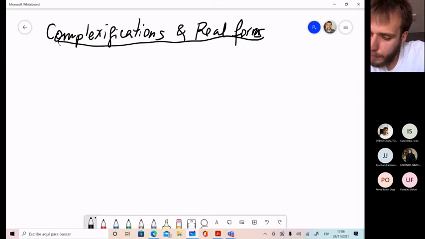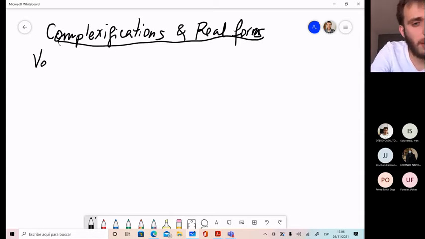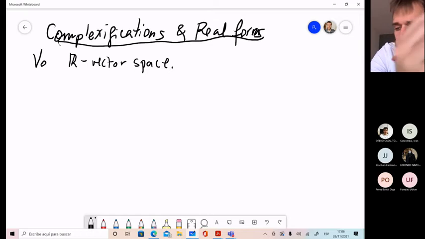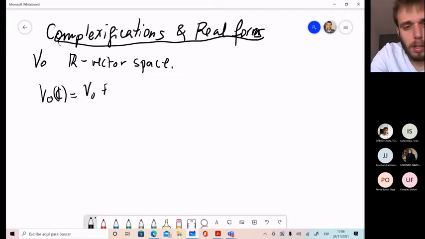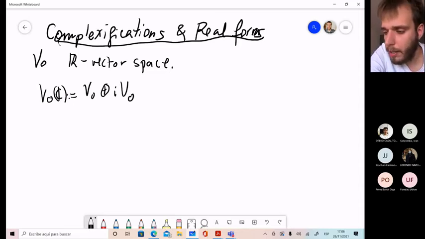So I'm going to go slowly. I'm going to start with a real vector space. I am calling it V naught. This is a real vector space. The way you define the complexification is by introducing the following definition, where i is the imaginary unit, right?